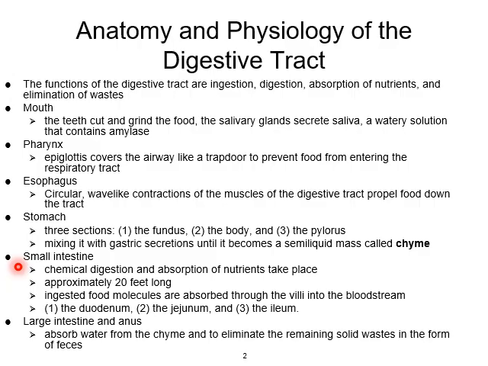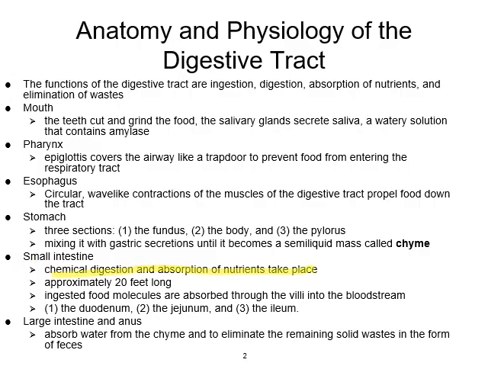After the stomach, the food will go to the small intestine, and in the small intestine, the chemical digestion and absorption of nutrients take place.